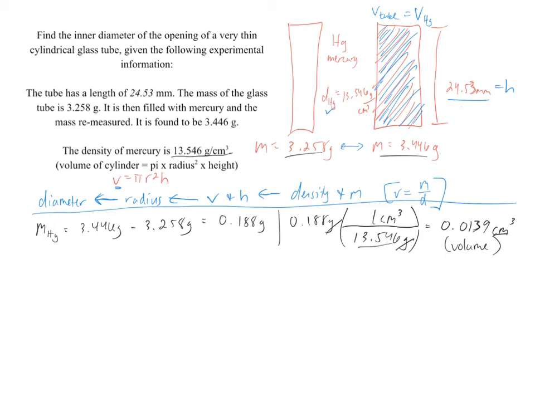So now we know that volume equals pi r squared times the height. Now I want to find radius. That's what I'm really concerned about. So radius squared equals v over pi times the height.